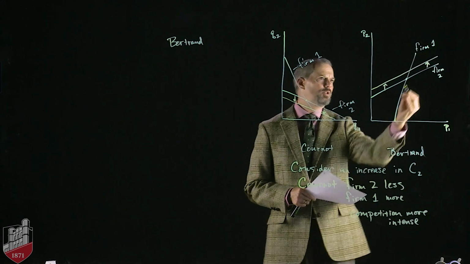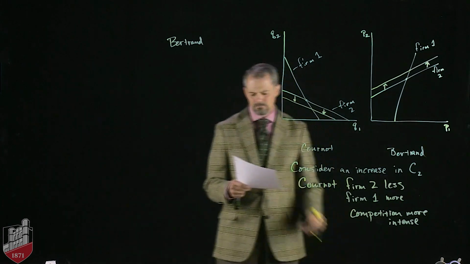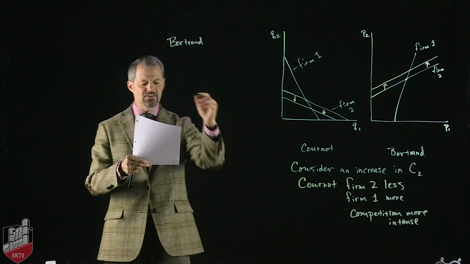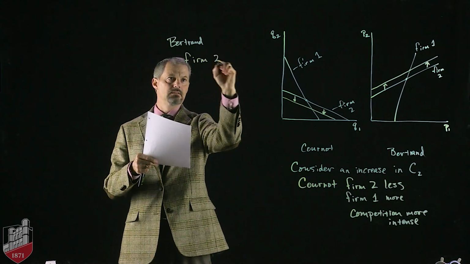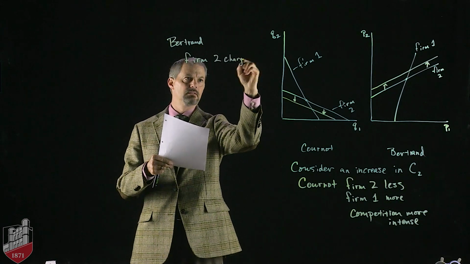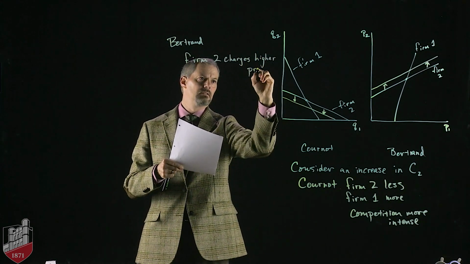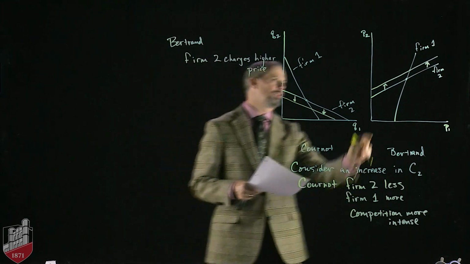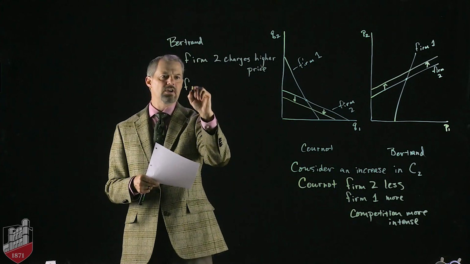So we get a new intersection out here. And so what happens is that firm 2 charges a higher price. Right? So firm 2's price is going to go up, and firm 1 also charges a higher price.